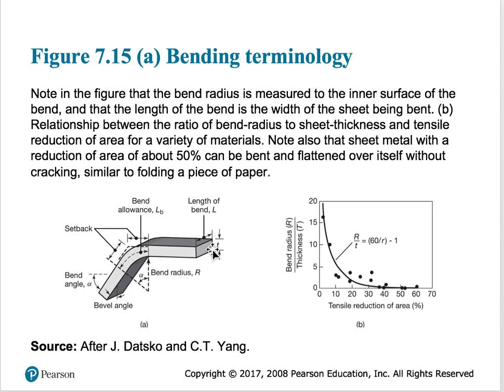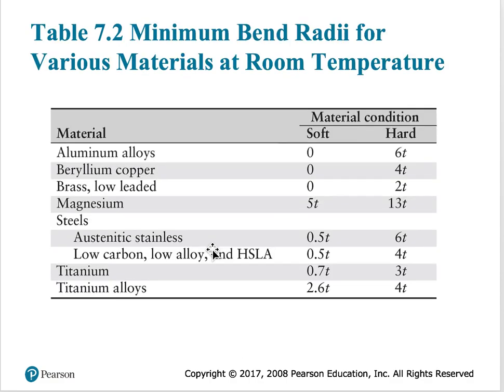And there are some rules of thumb for the thickness that you can have. Minimum bend radii for various materials at room temperature is given here. If you have a very hard aluminum alloy, the minimum is 60 and so on.